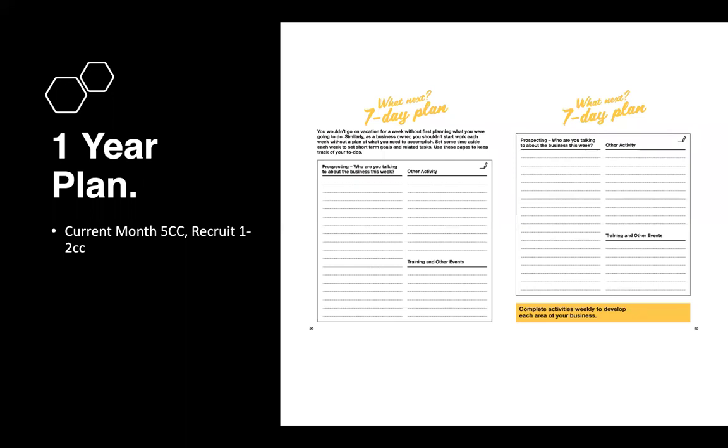So you can see here, the place for the people you're introducing to the business is much bigger than the spot for putting in your retailing activities. Why? Because in order for you to grow your business, you need to have people joining your team. So you need to plan and put in the activities. What is it that I'm supposed to do in order to make sure that I build my team?